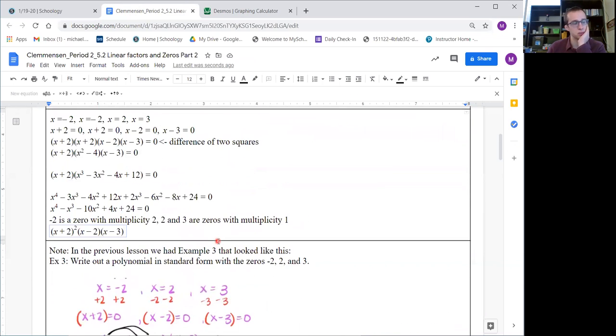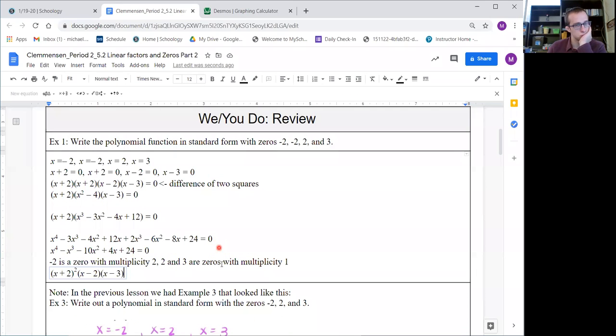All right, what's your question? So again, all I did to go from this answer right here to this answer right here is I just combined these x plus 2's.